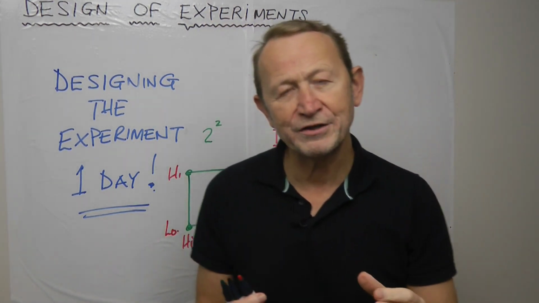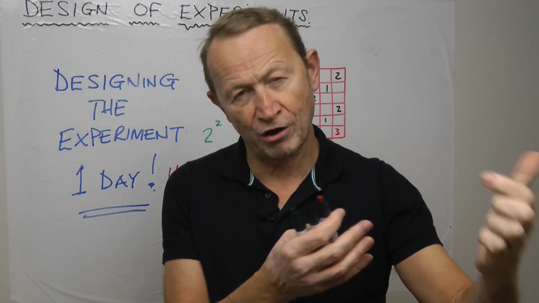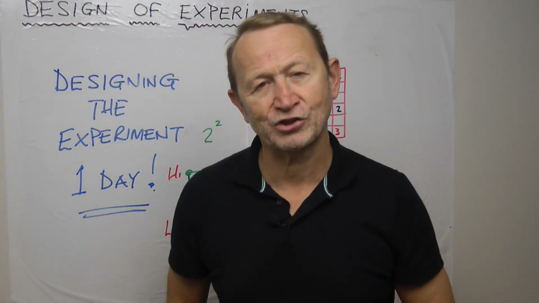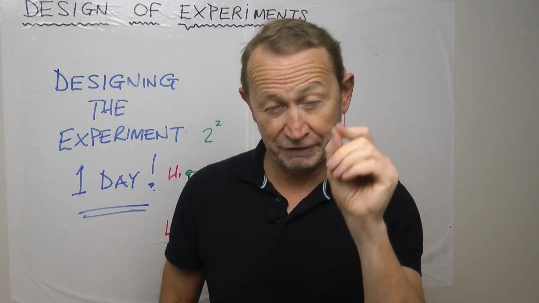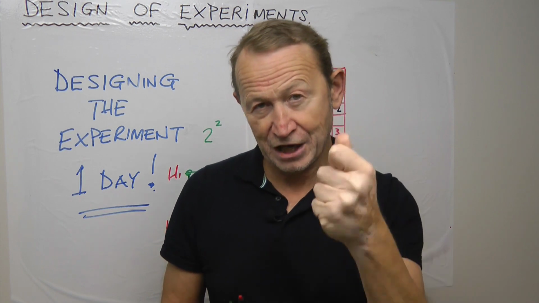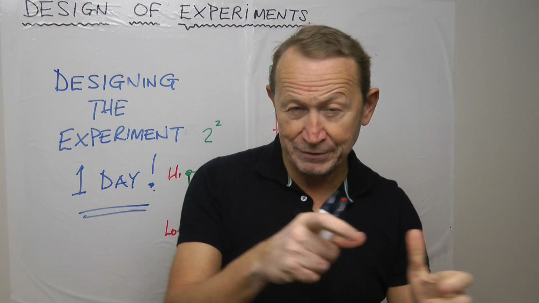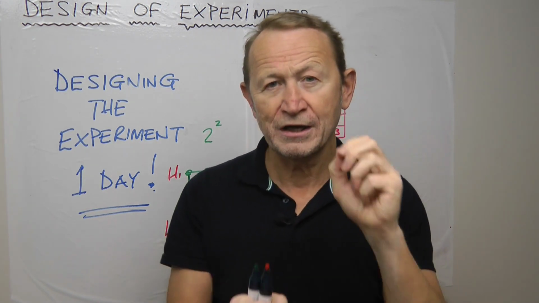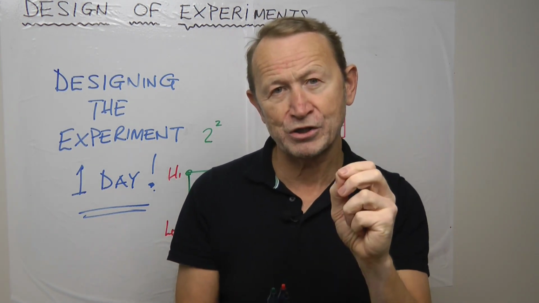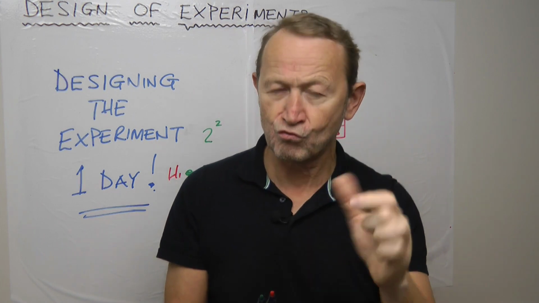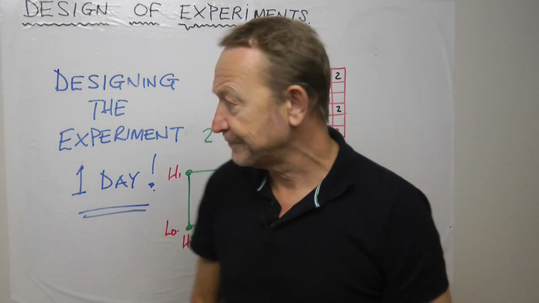Now, if you randomize, you neutralize potential external factors. Now, if you think your process has got some of that in it, it's complicated, maybe there's something moving around and you think it's going to compromise your experiment, randomize the experiment.